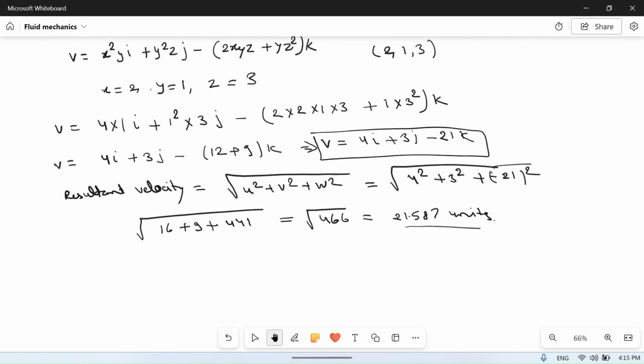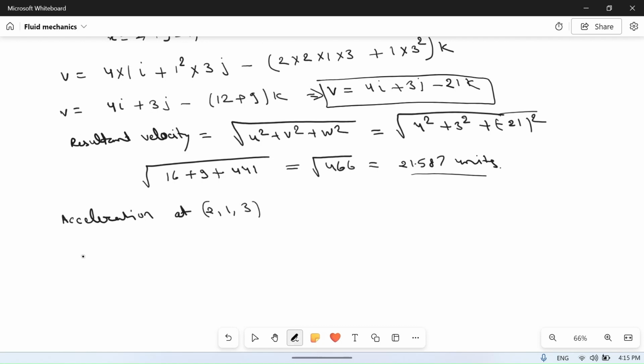The second one is acceleration at (2, 1, 3). Okay, so what are the components of acceleration? In the x direction, ax is given as u del u by del x plus v del u by del y plus w del u upon del z.